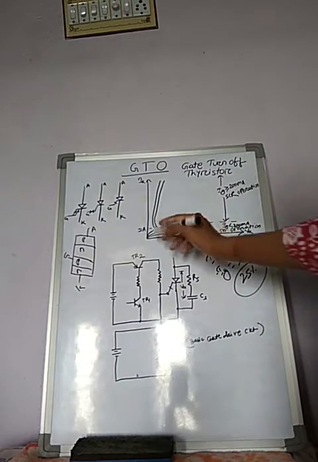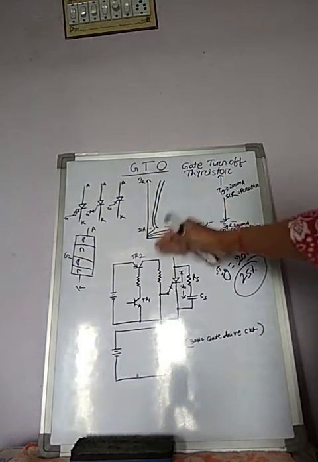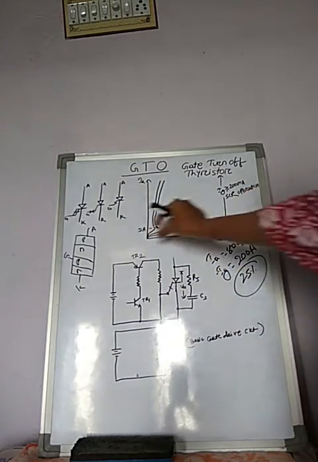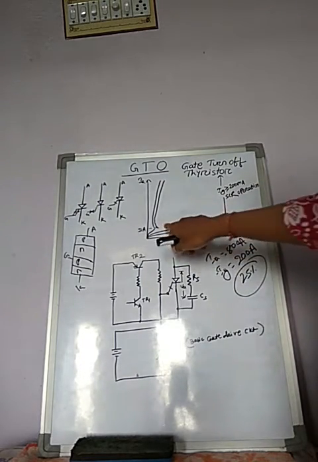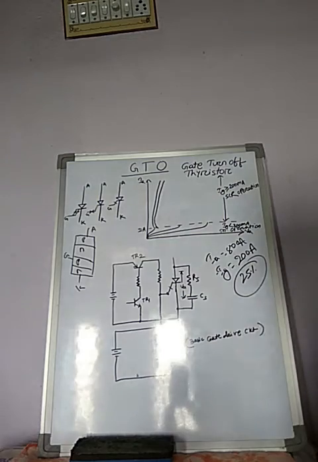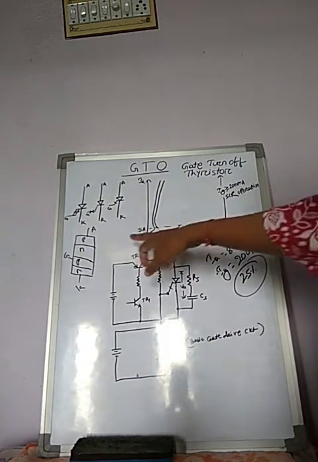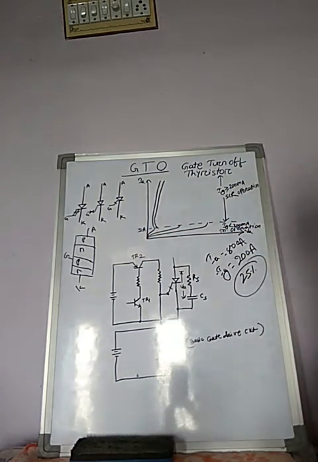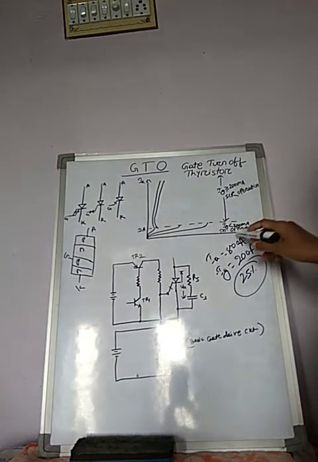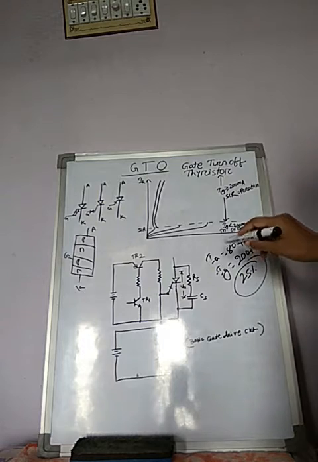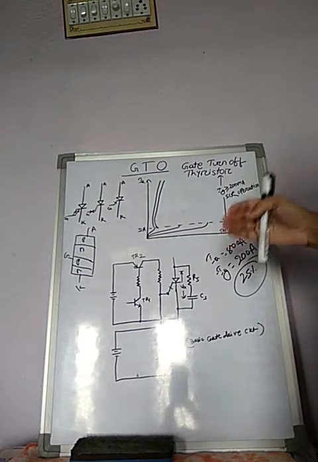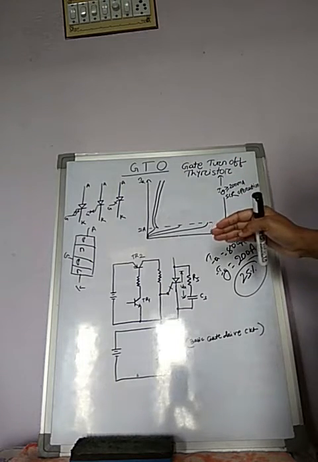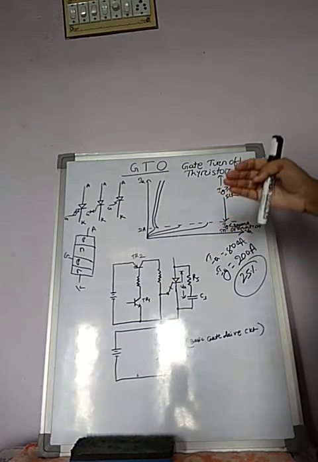Okay, so below this 2 ampere level, the device is not able to turn on. In this area, the device behaves like a high voltage low gain transistor. Here, in a conventional thyristor the latching current level is 100 to 500 milliampere.